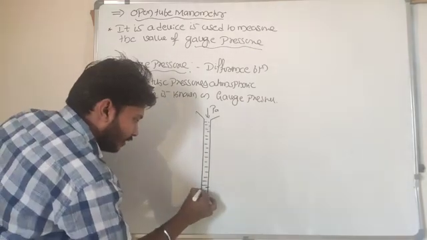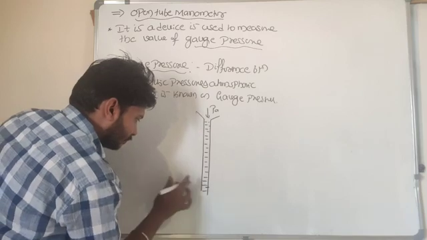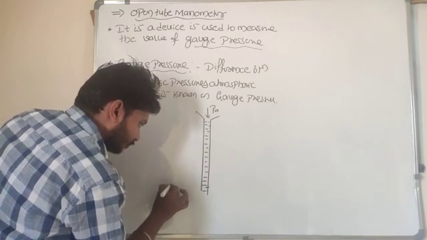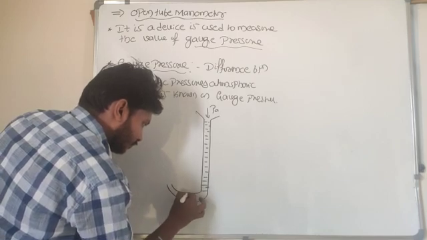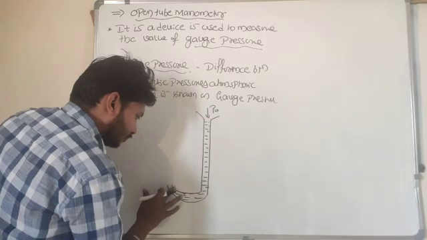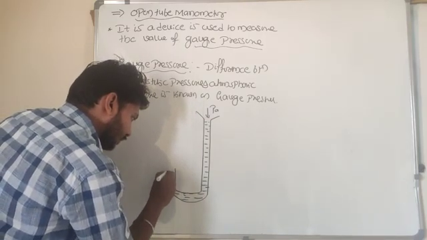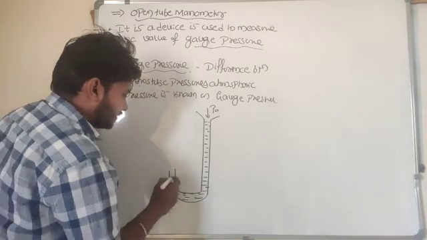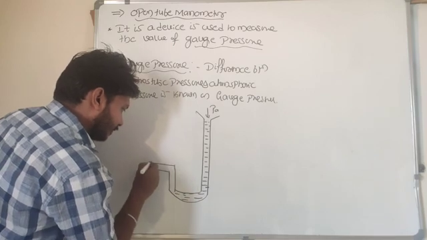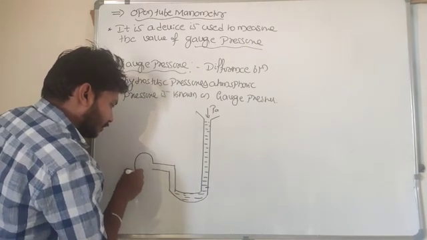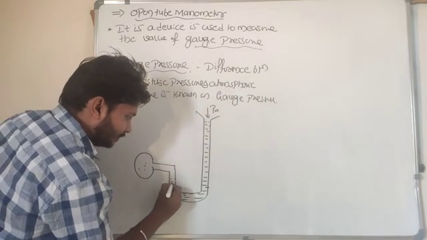This is the direction of atmospheric pressure I will consider, right? Another end of this tube is connected to the system here. This is the system, and I have to measure the value of pressure of this system.